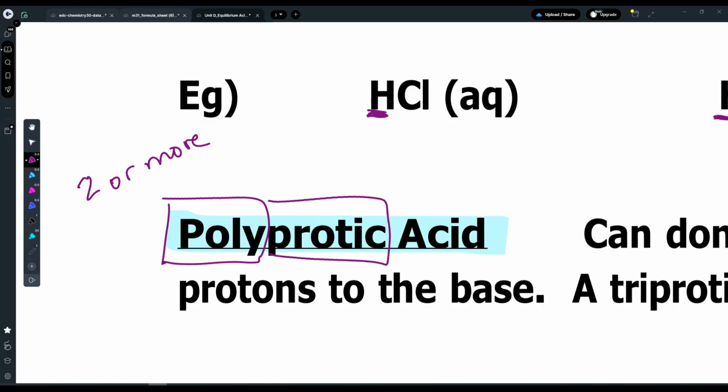Protic means proton, and acid means that we're donating the protons. So altogether, a polyprotic acid is a substance that can donate two or more protons to some other substance.